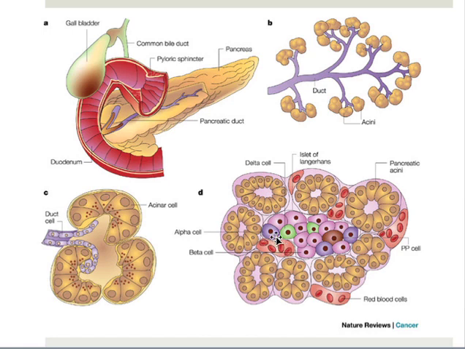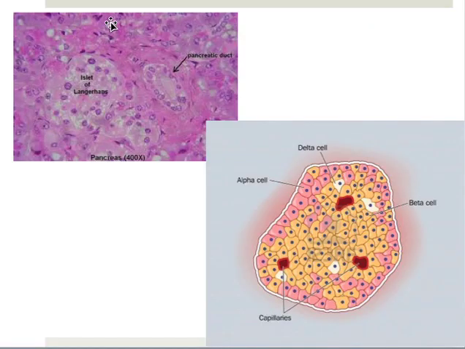Notice here the location of neighboring adjacent blood vessels. Again, not surprisingly, considering that these cells are secreting their hormones into the bloodstream. This is a histological slide of the islet of Langerhans, but in this diagram you can actually see their organization. Most of the beta cells are going to be centrally located, and most of the alpha cells are going to be in the periphery.